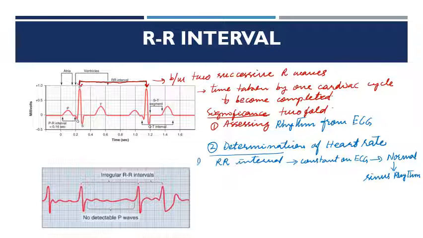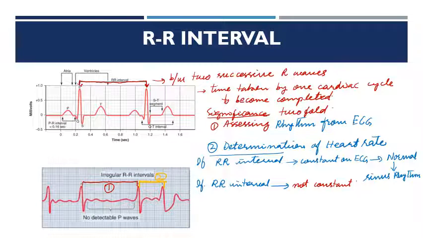If RR interval is not constant, as is shown in this diagram, this is one RR interval, and this is second RR interval.